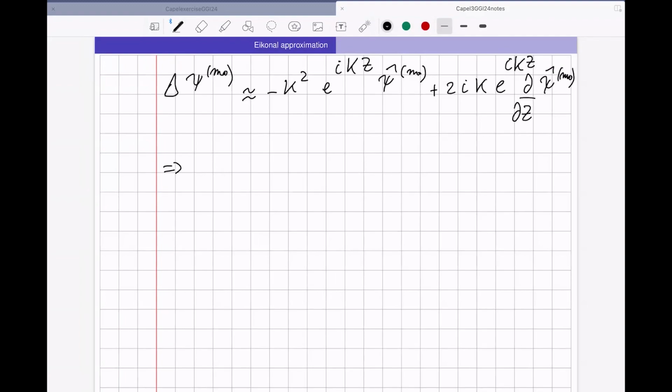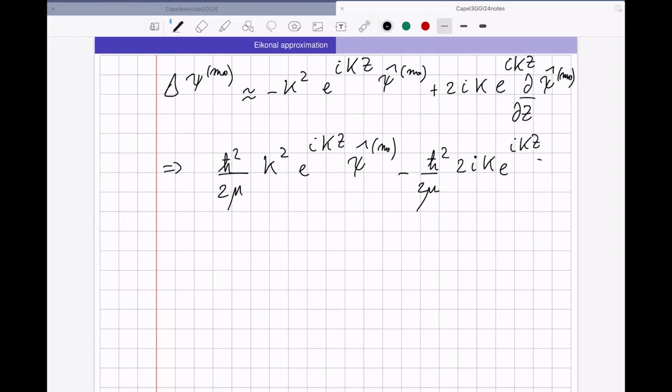And so what happens next is that when you write the equation, you get h bar squared over twice mu k squared e to the power i k z psi hat minus h bar squared over 2 mu, 2 i k derivative, plus h naught.